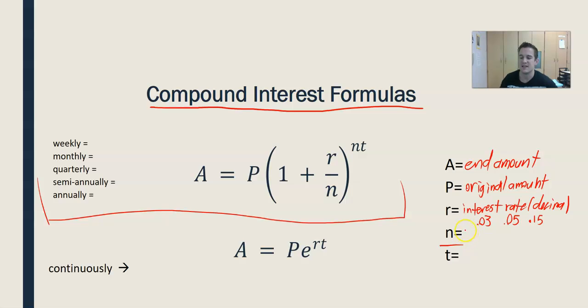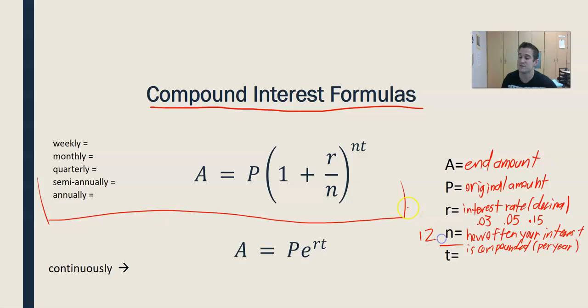N represents how often your interest is compounded, and that's usually per year. So say your interest is compounded every month.